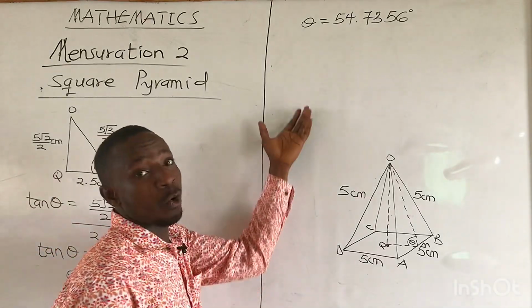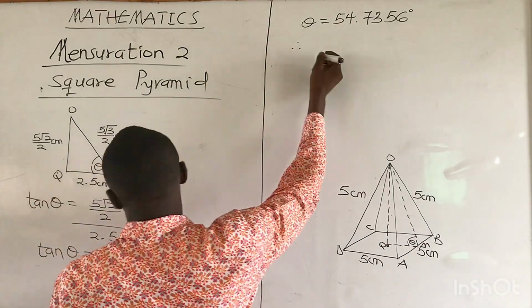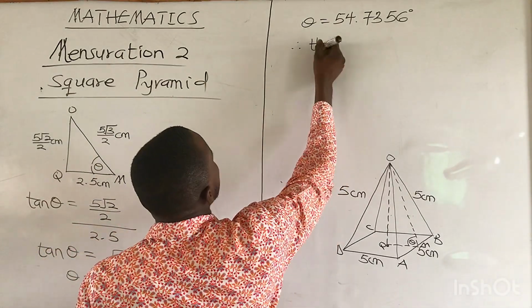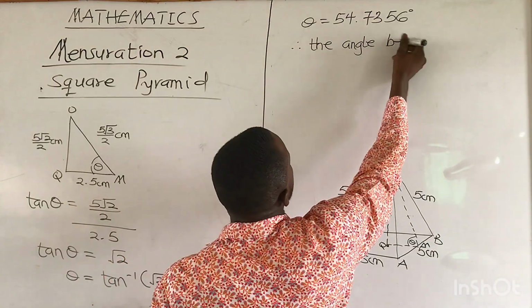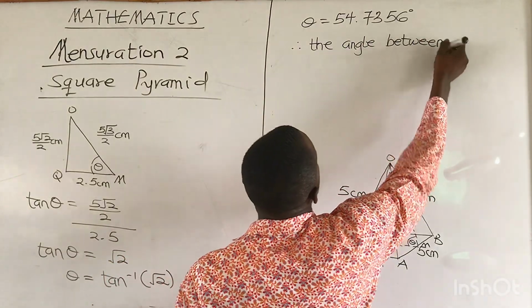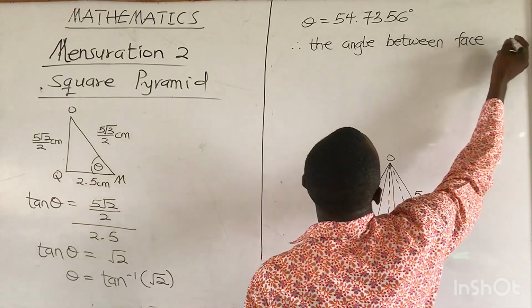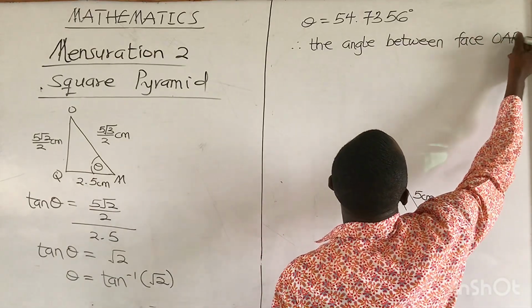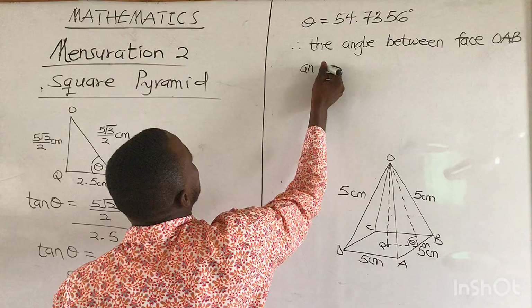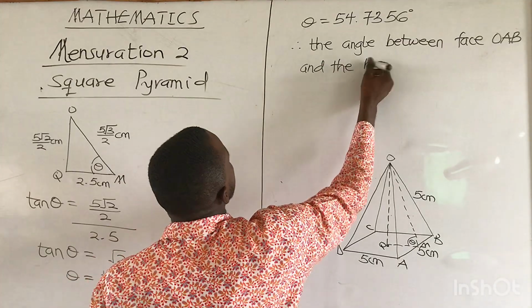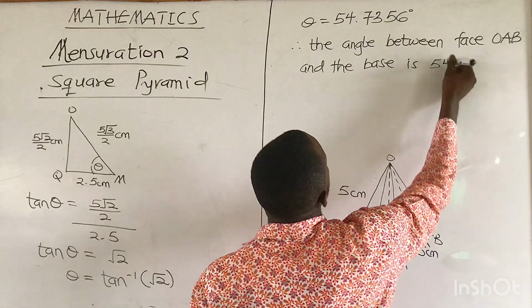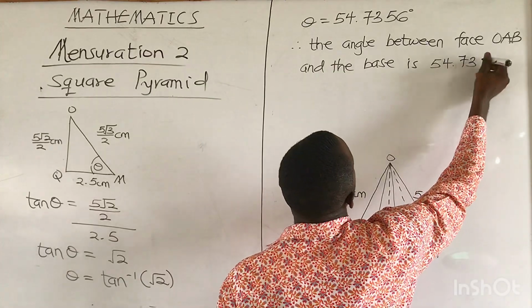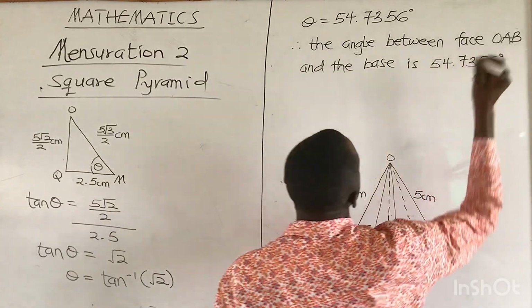So now we can conclude. So therefore, the angle between face OAB and the base is 54.7356 degrees.